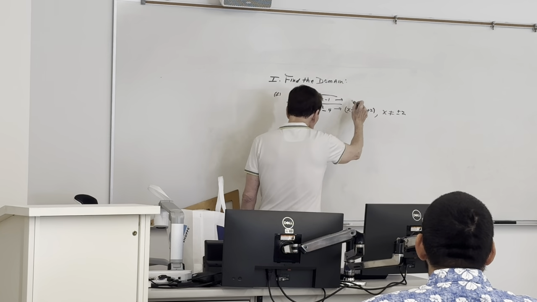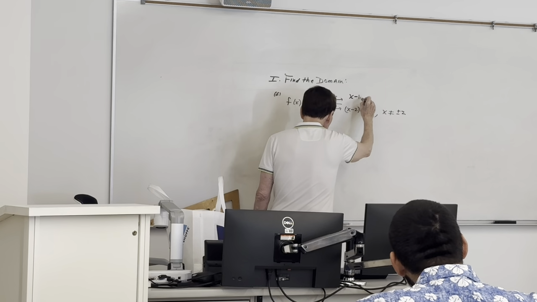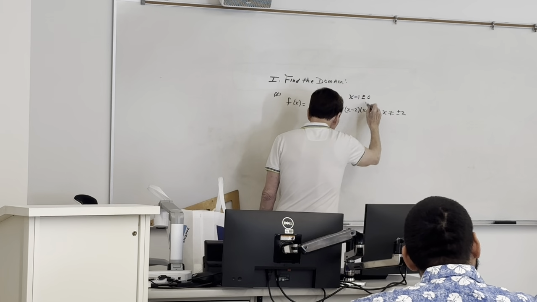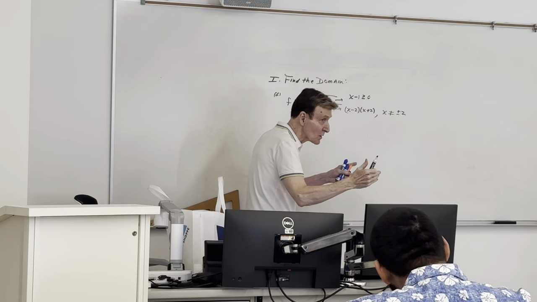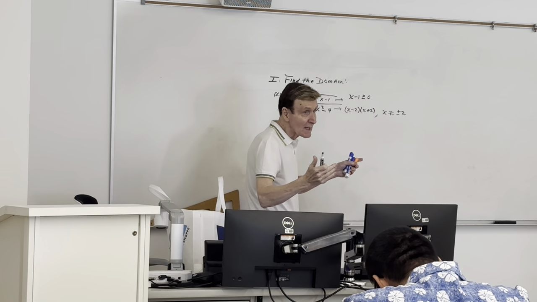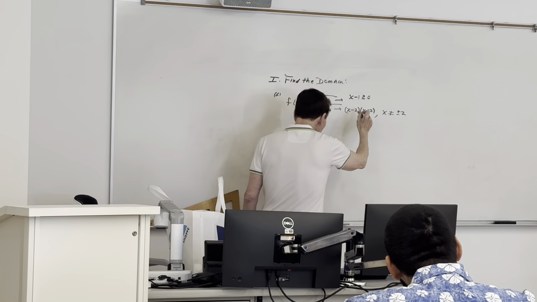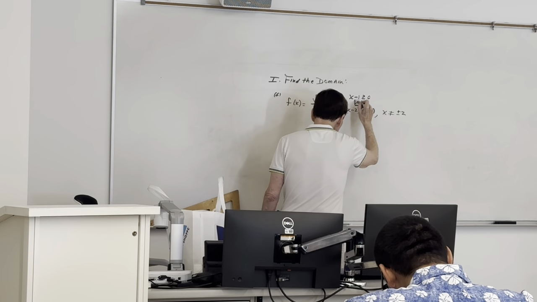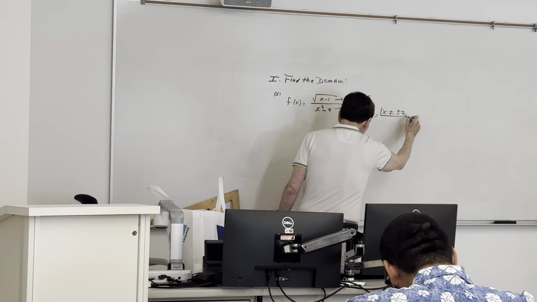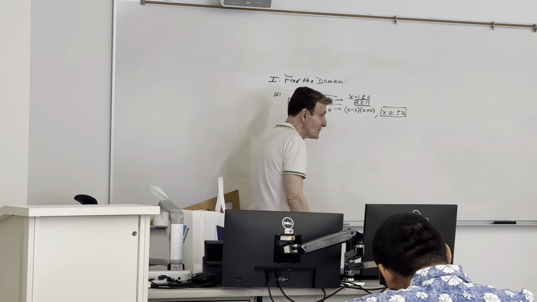That x subtract 1 had better be greater than or equal to 0, which represents that inside there had better be positive or it could be 0. You cannot take the square root of a negative. And if I go ahead and solve this, with what she gave me, there's another restriction. There's my domain.